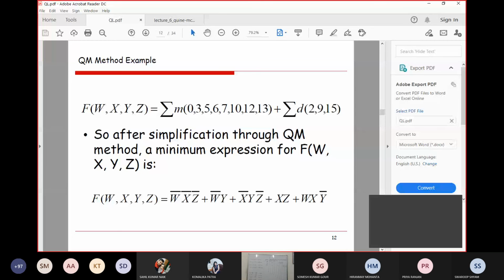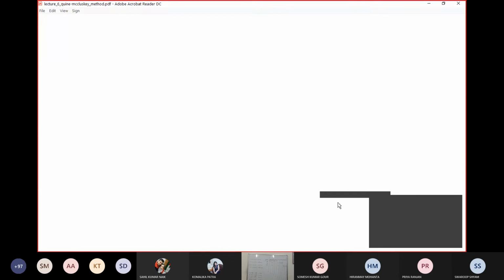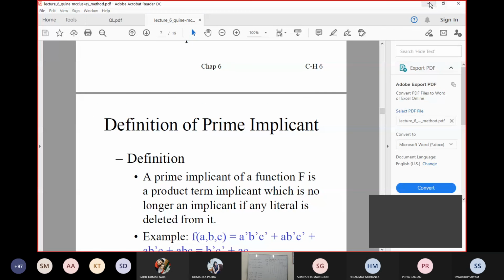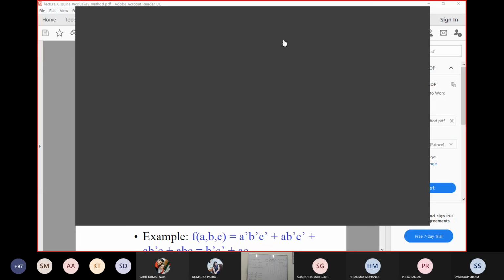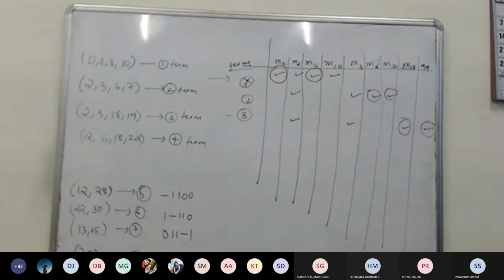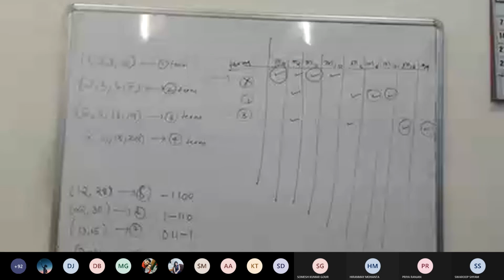If anybody has gone to that level, please tell me. What are the essential prime implicants?